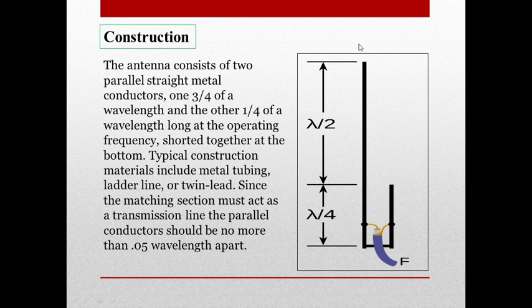Now, these are typically two metal tubings connected in between, and this connection should be no more than 0.05 wavelength apart. The longer metal tubing, as said here, is 3/4 of a wavelength, and the shorter metal tubing is 1/4 of a wavelength.